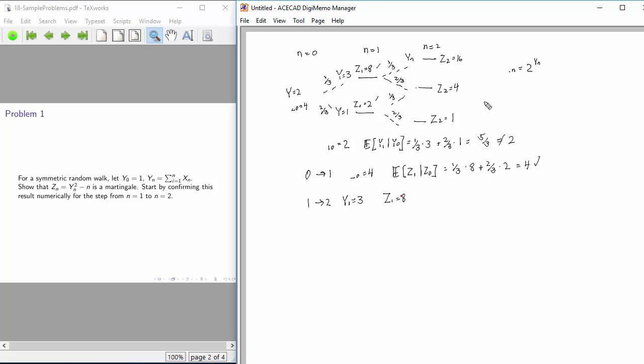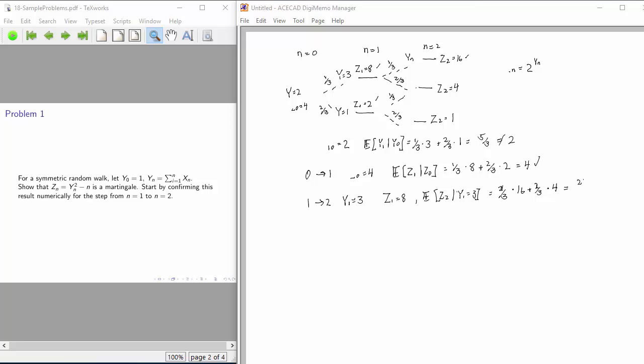In that case, z1 equals 8, and the expectation of z2 conditioned on y1 equals 3 is, sure, I got this backwards, 1/3 for going to where z is 16, 2/3 for where it's going to 8.